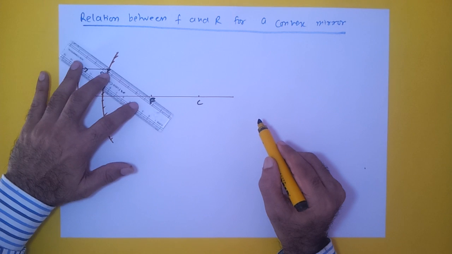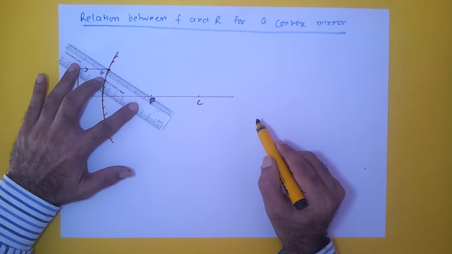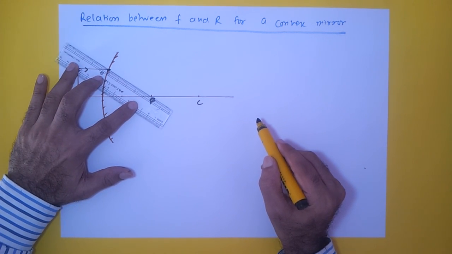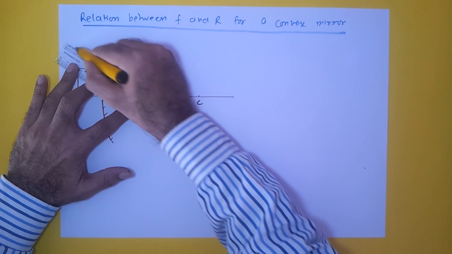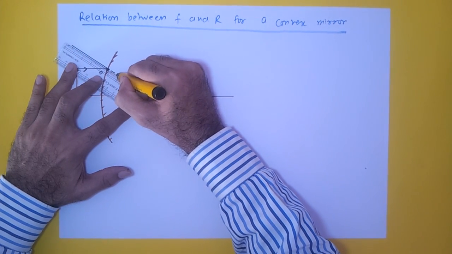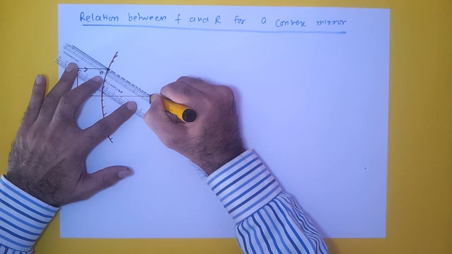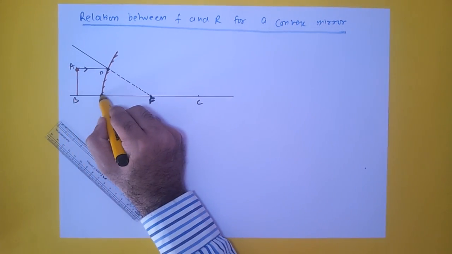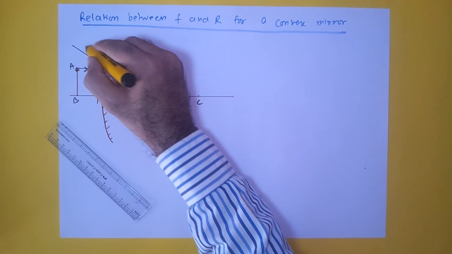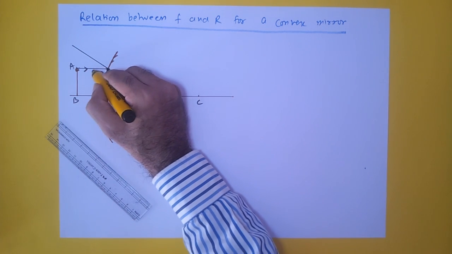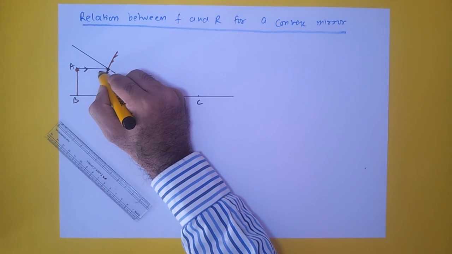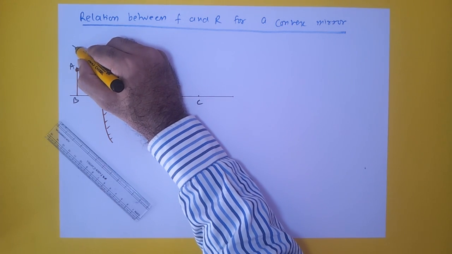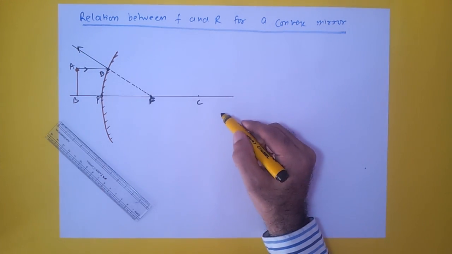This will get reflected in such a way that the ray appears to come from the focus. I can join this, make it over here. Let us say this is A, B, this is the pole, and this is the point D, and it goes in this direction.